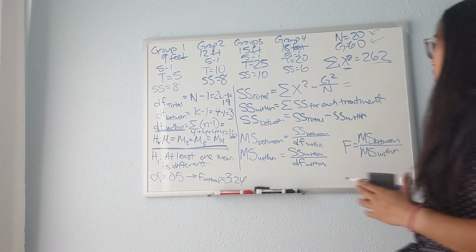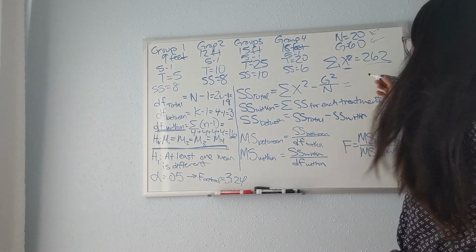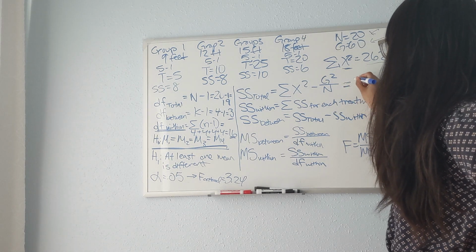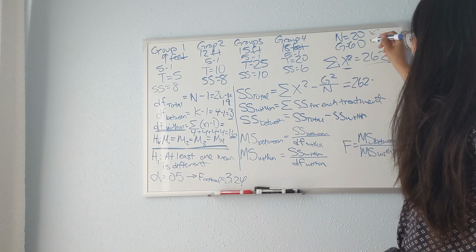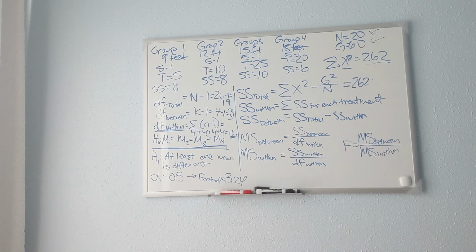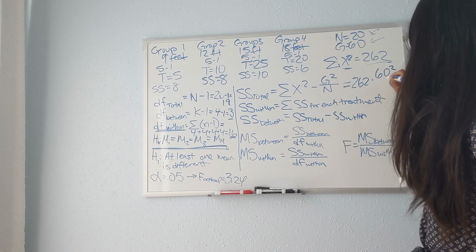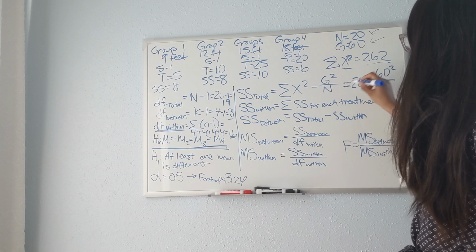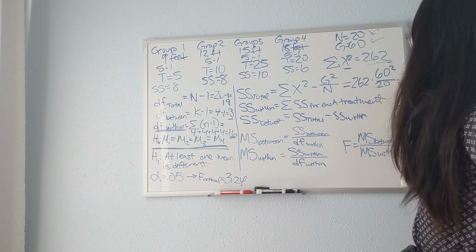So we have the sum of x squared, which was given in the problem, that's 262, minus g squared, which means we need to square the g, the grand total. So this will be 60 squared all over the number of participants n. So that's 20.